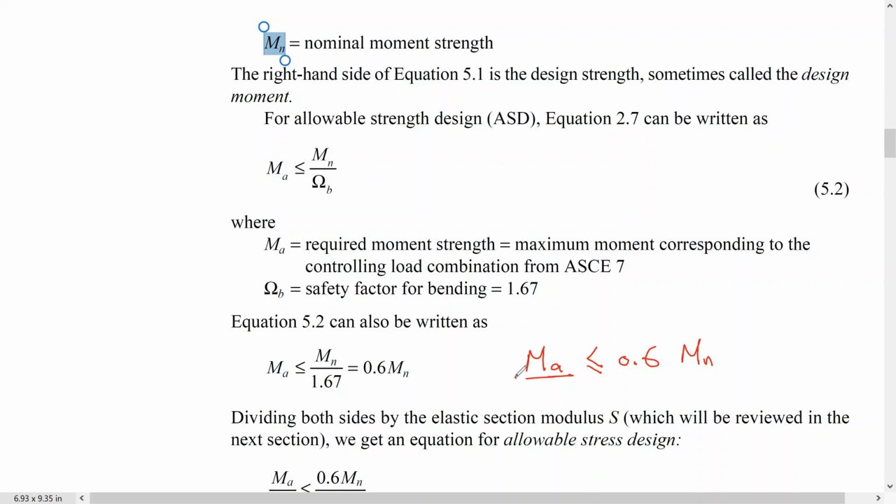If we divide both sides by the elastic section modulus, which is S, and S, guys, is the elastic section modulus, it's equal to the moment of inertia over Y, and that's what we call the elastic section modulus.